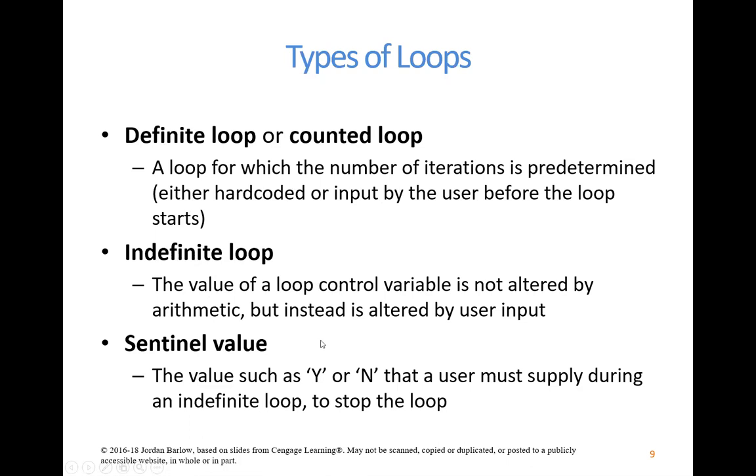Now, a sentinel value loop is, we don't see these so much anymore. They were very useful in text-based applications. With GUIs, you don't really need them. But sentinel values were used when you wanted a computer program to keep running until a user hit, like, yes, I would like to exit, or input a no for no, I would not like to continue.